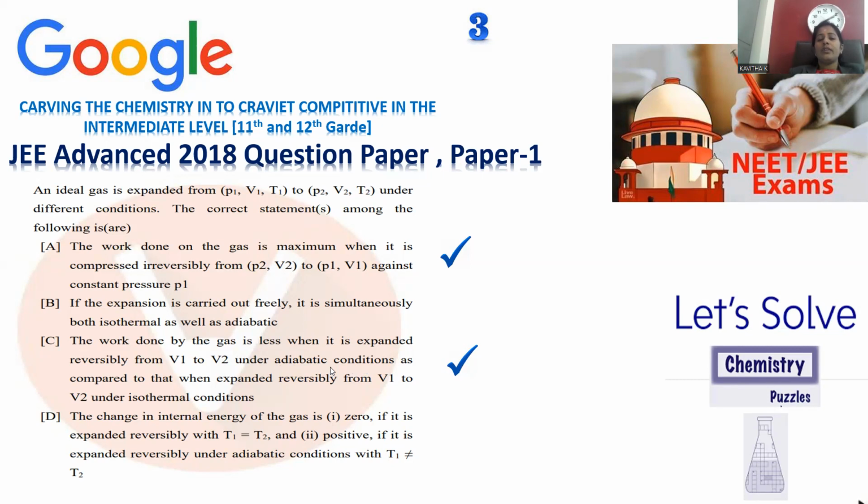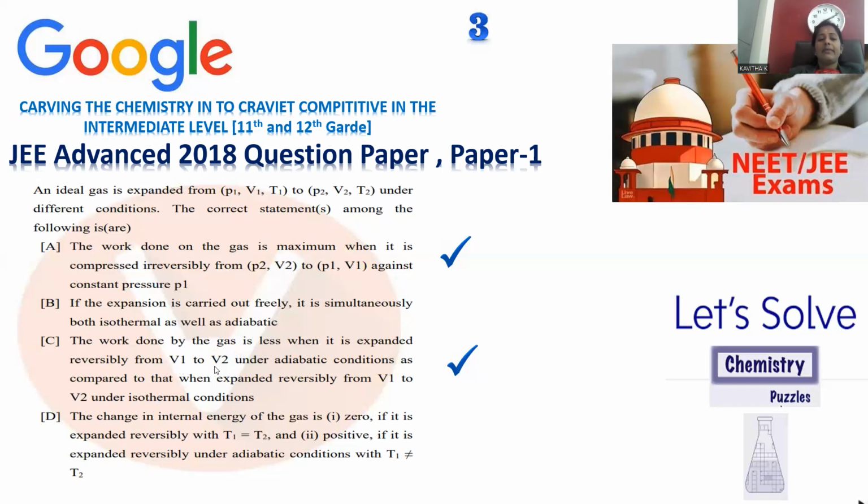Neither matter nor energy can be transferred between the system and surroundings. As compared to the reversible expansion from V1 to V2 under isothermal conditions, the adiabatic process gives less work done in comparison to the isothermal, constant temperature process, right? So this is the correct explanation they are giving.